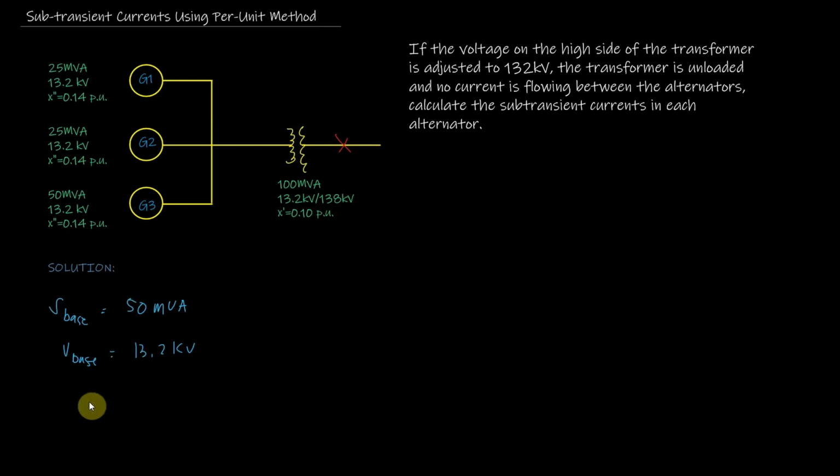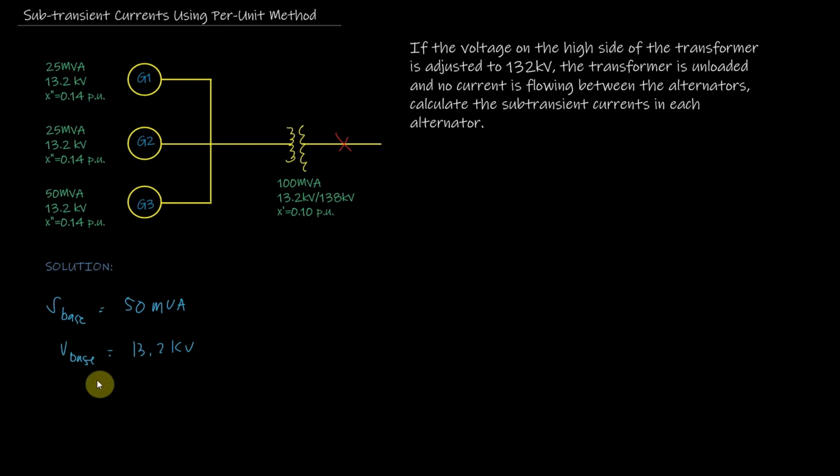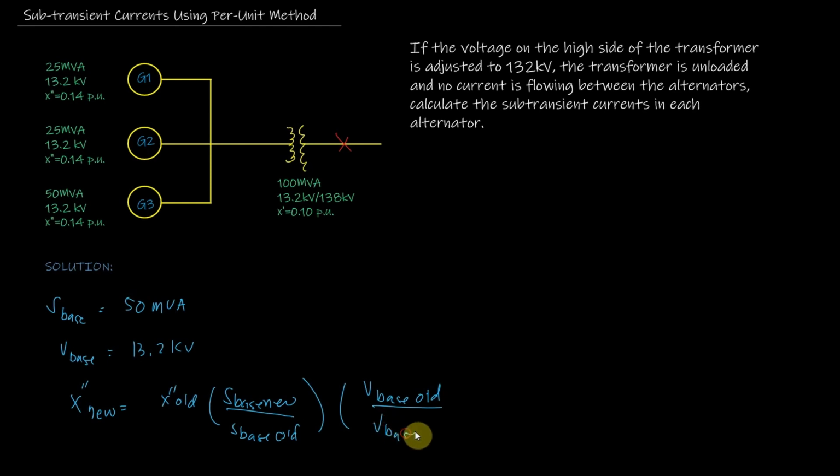Okay? So ang ating magiging X per unit sub-transient reactance new is equal to sub-transient reactance old times S base new divided by S base old times yung voltage base old divided by voltage base new squared.